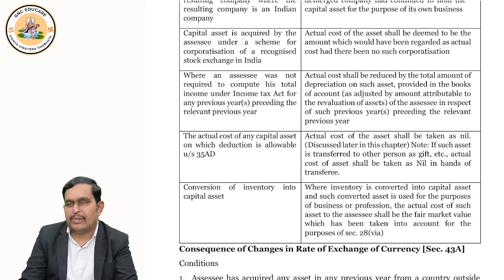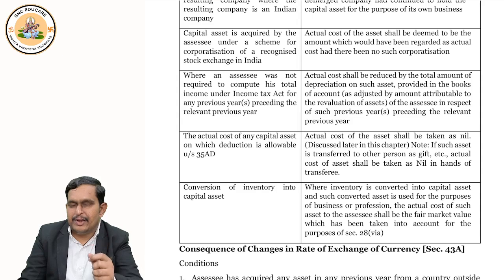So whatever that fair market value is becomes the income which is taxable under PGBP, and that becomes the cost of the capital asset in income tax records also. And when it becomes the cost of the capital asset, obviously depreciation can be claimed on that.